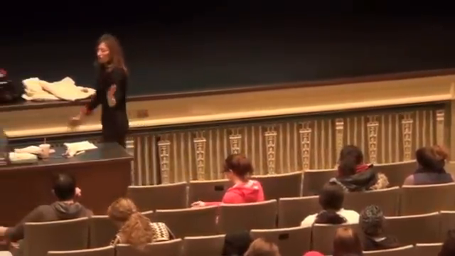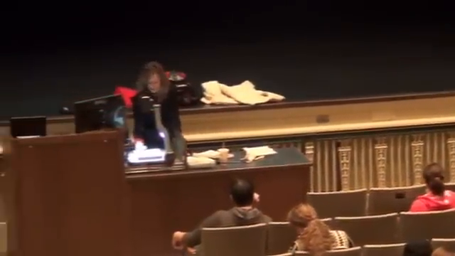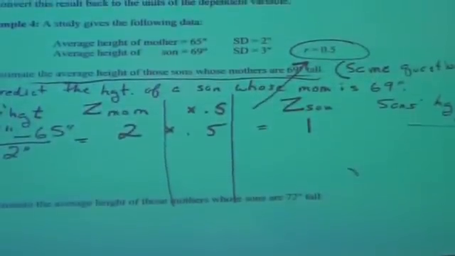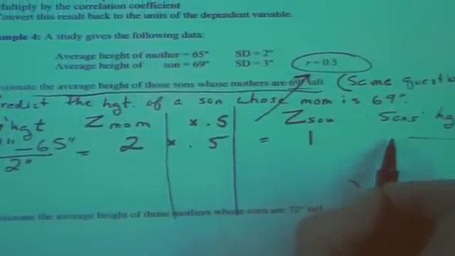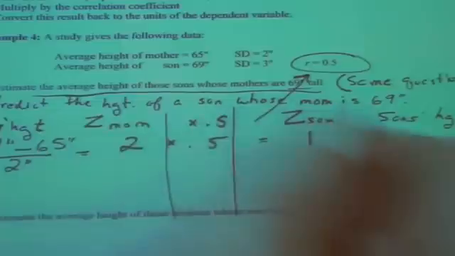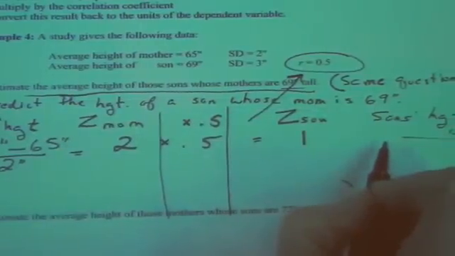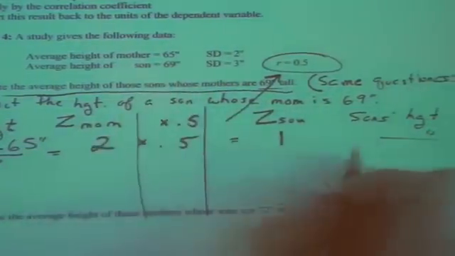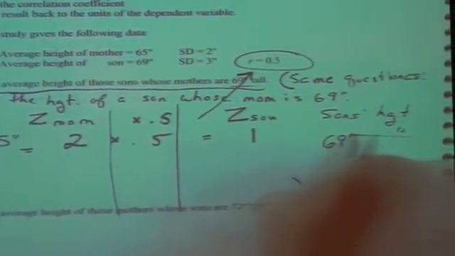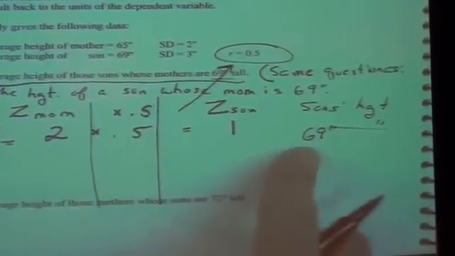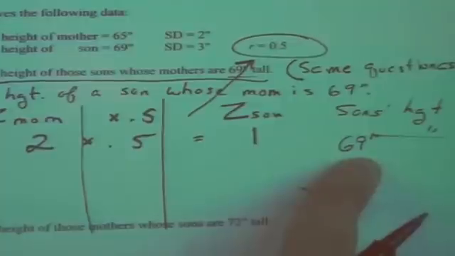So just start at the average. We want inches. This is not inches, this is in standard units. Just start at the average. So what is the average for sons? Look up here. 69 inches. Now, if he had a Z-score of 0, he'd be right there. But he has a Z-score of 1, so he's above average.